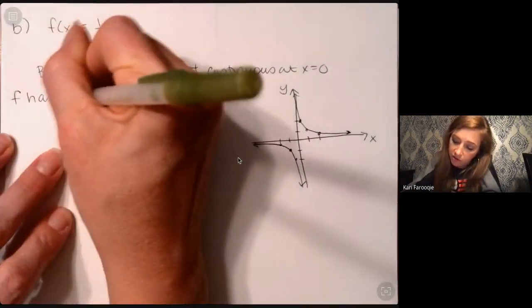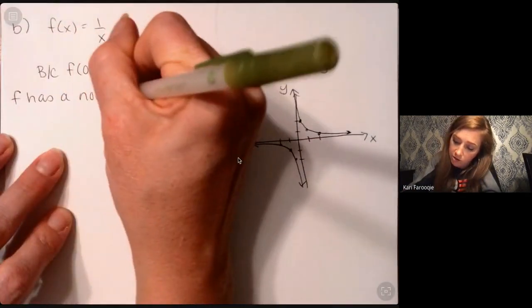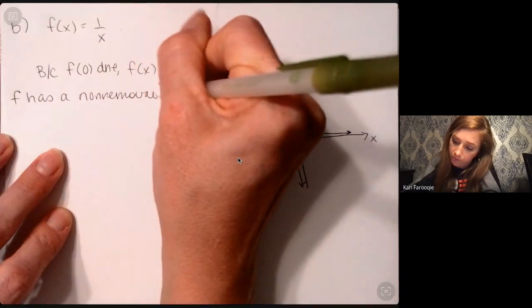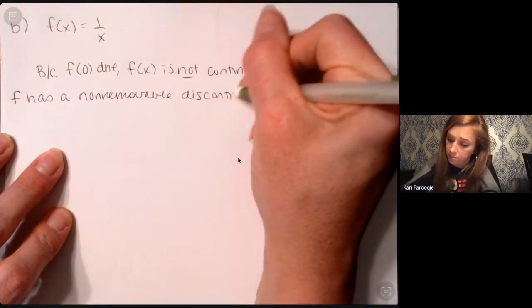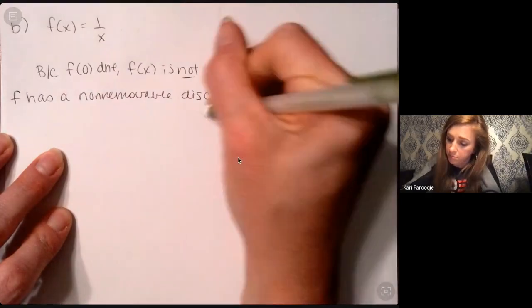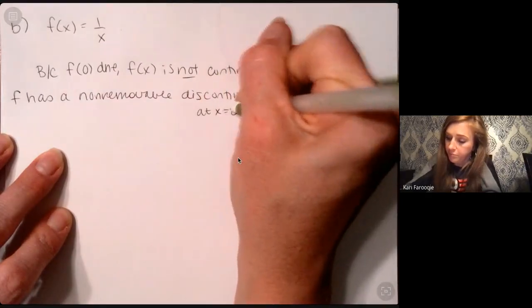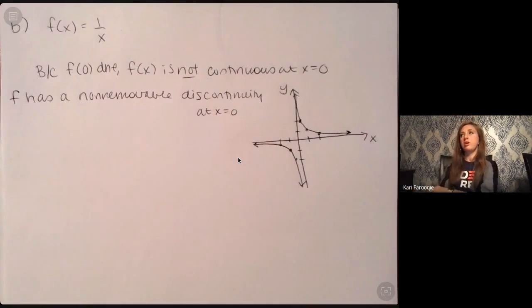I would say f has a non-removable discontinuity at x equals 0. We cannot redefine the function so that we end up having f of 0 existing.